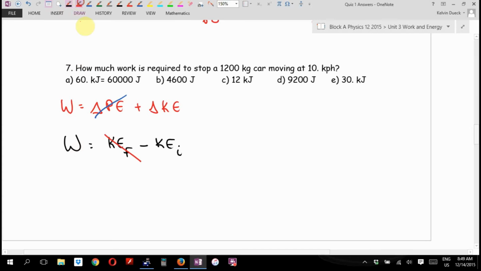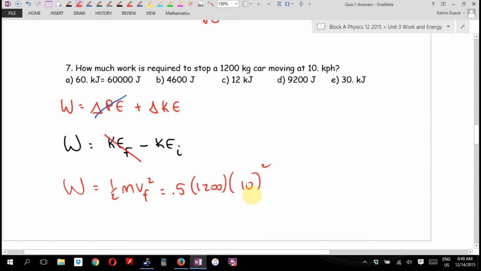The work is going to be a half m v final squared. It's going to be 0.5, 1200, 10. Oh, wait a minute. Why can't I use the 10? I'm going to be really lazy. I'm just going to divide by 3.6 right in the brackets there.